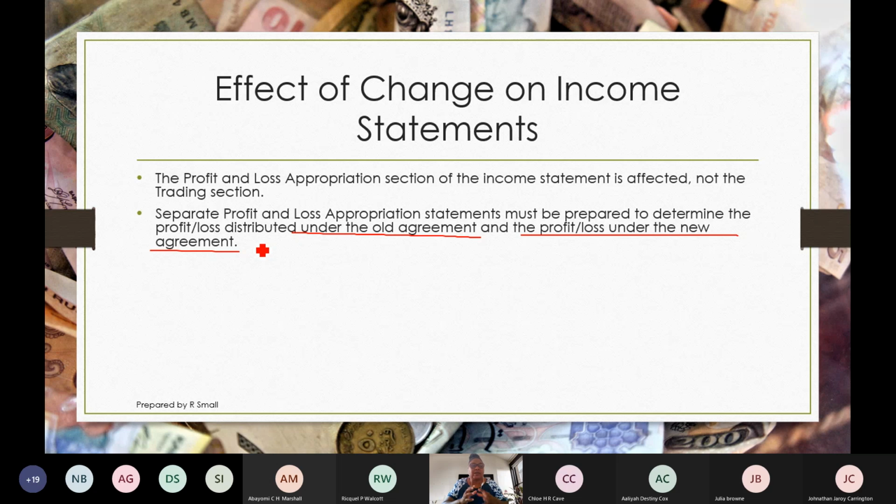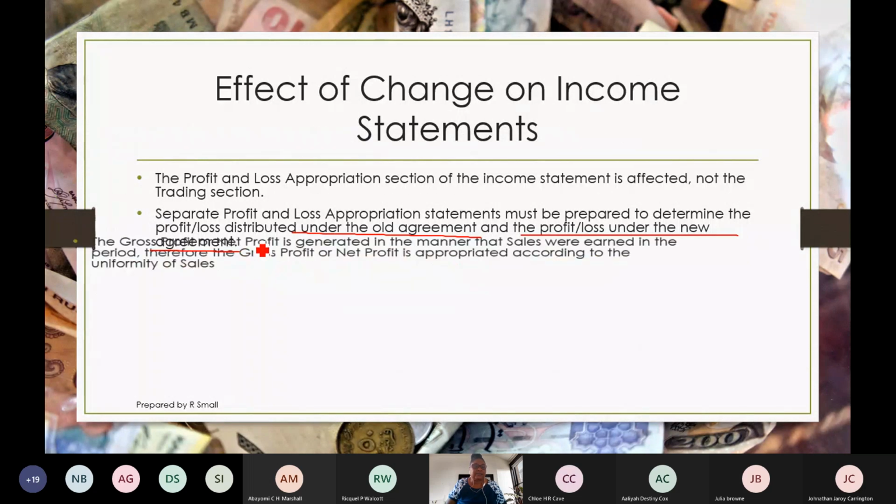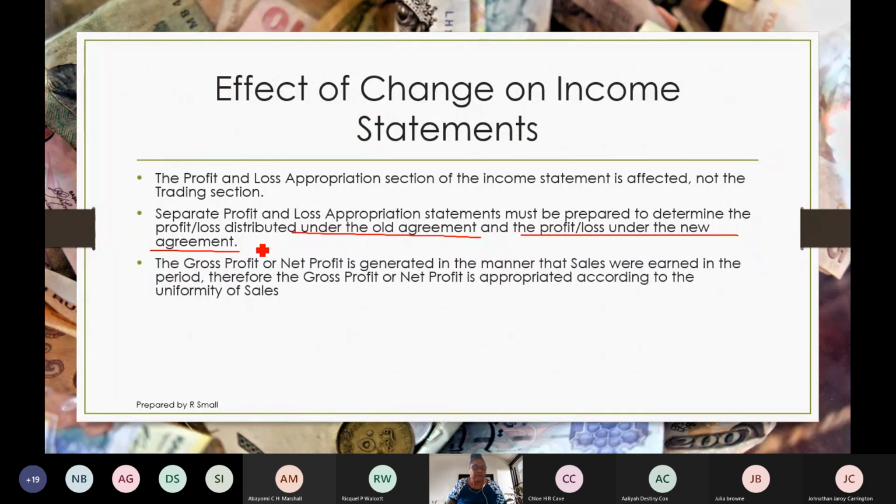Okay, so that is what this point here, number 2, is referring to or alluding to. The third point is that the gross profit or net profit is generated in a manner that sales were earned in the period. This will be explained when we do a question.